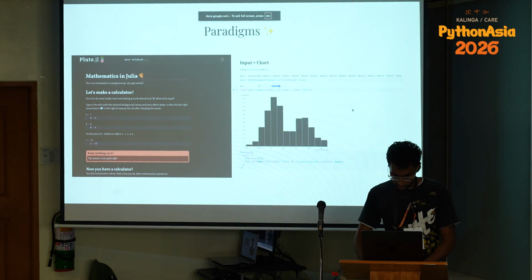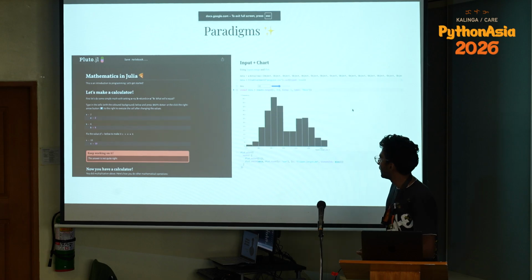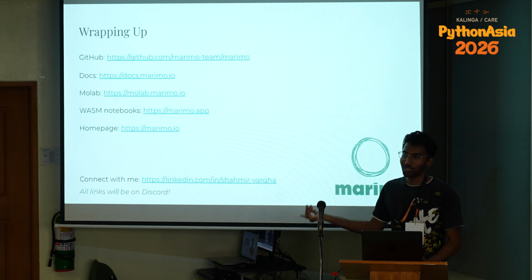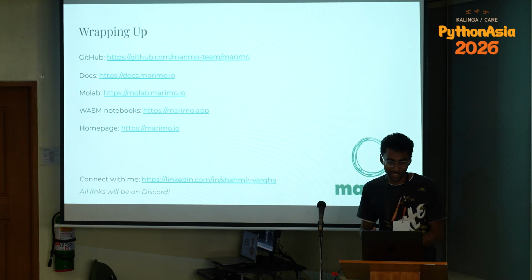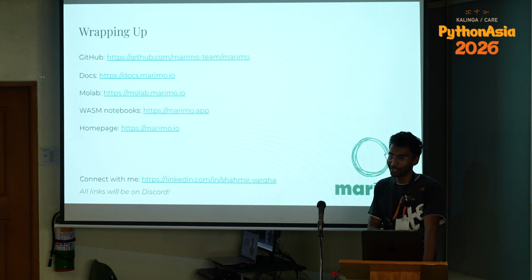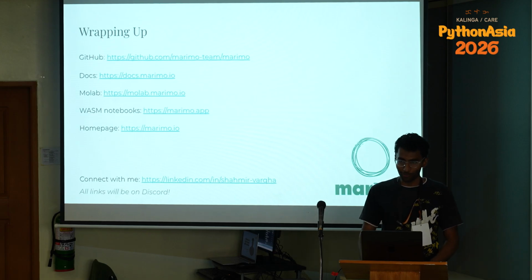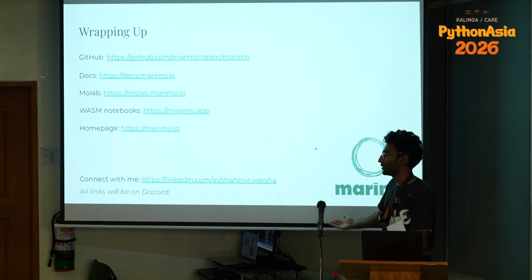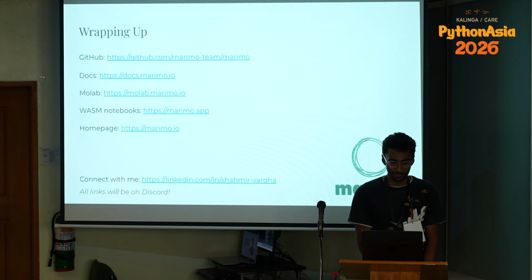And if you want to check out Marimo, you can install it locally as a Python package. You can also use Molab. Molab is like Google Colab but for Marimo, so we serve the compute for you. It also works in Wasm. And yeah, you can also connect with me if you have any questions. And that's all. Thank you so much.